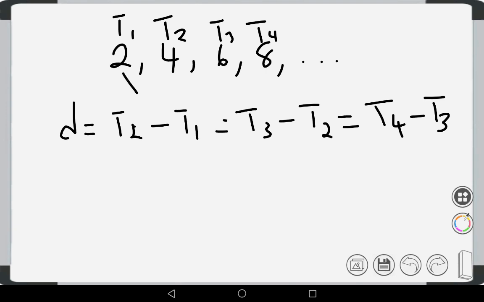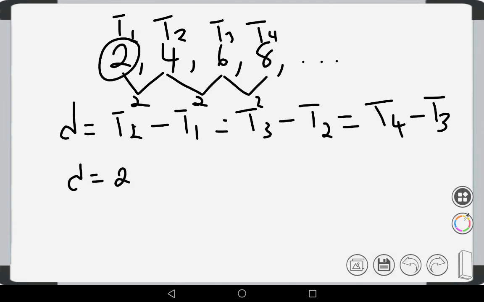Some people prefer to write these arrows. Then 4 minus 2 gives you 2, 6 minus 4 gives you 2, 8 minus 6 gives you 2. So your d is going to be 2, and your a is the first term, which means your a is also 2.